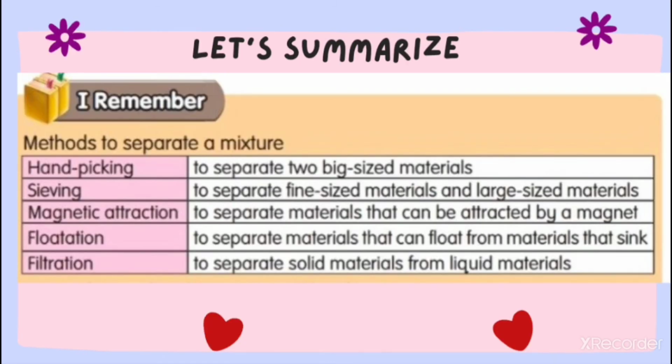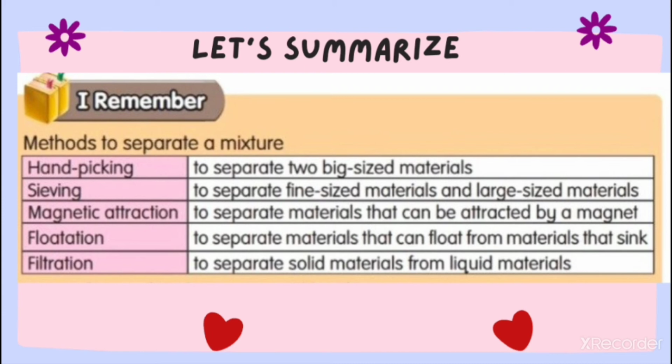Now, let's summarize all the 5 methods to separate a mixture. First one is hand picking to separate big size materials. Next one is sieving to separate fine size materials and large size materials.